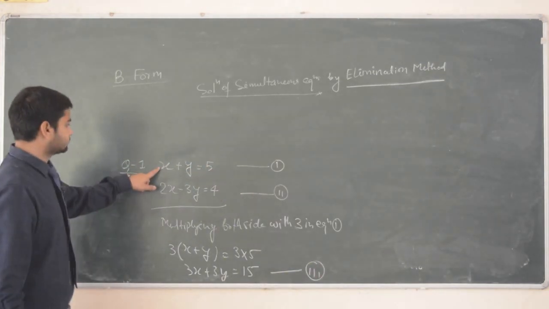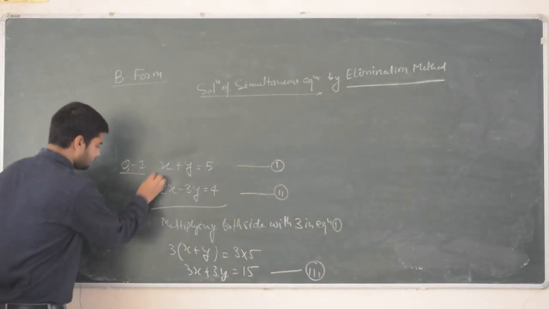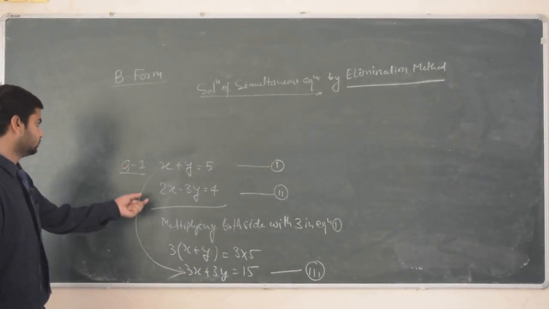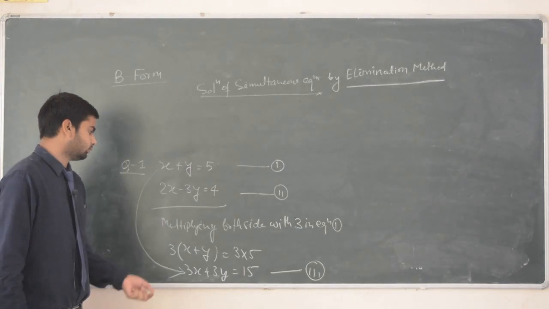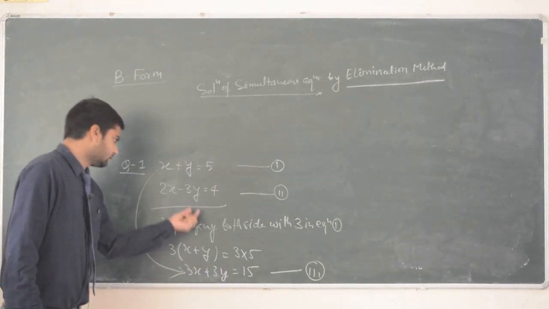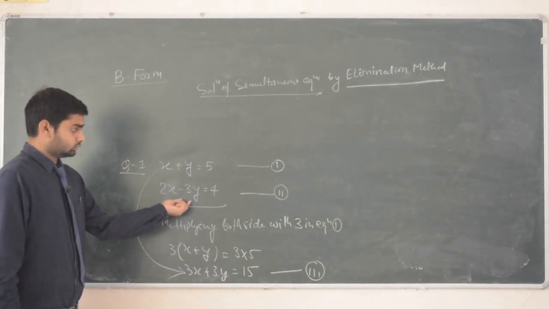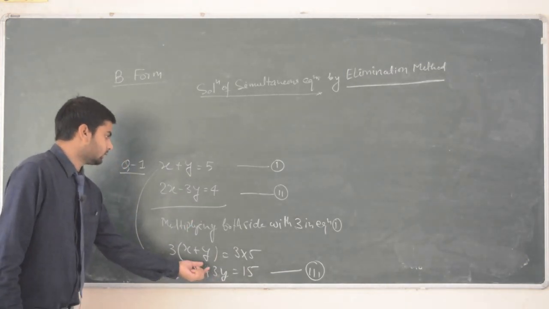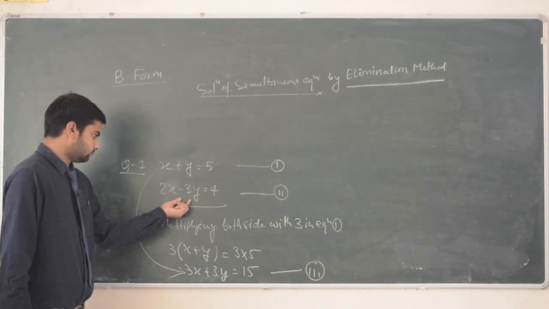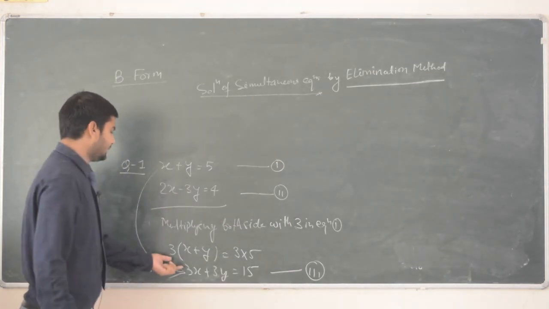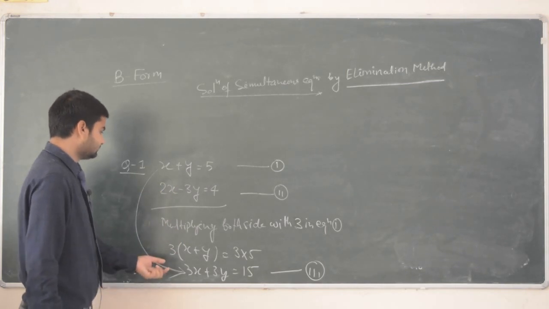Now we have transformed equation 1 into equation 3, 3x plus 3y equal to 15, and equation 2 is 2x minus 3y equal to 4. We want to eliminate y: here it is minus 3y, here it is plus 3y. If we add equations 2 and 3, the right side is added with the right side, and the left side with the left side.